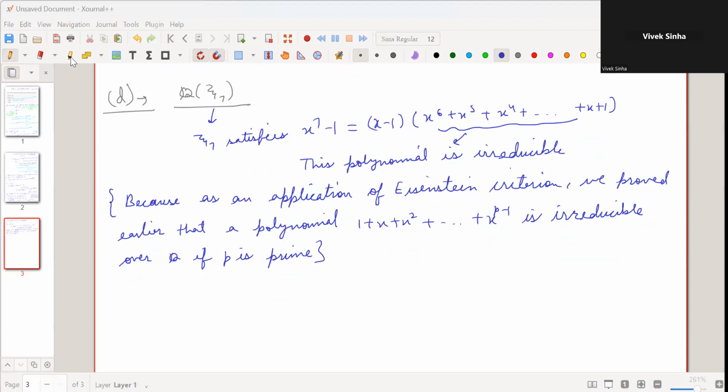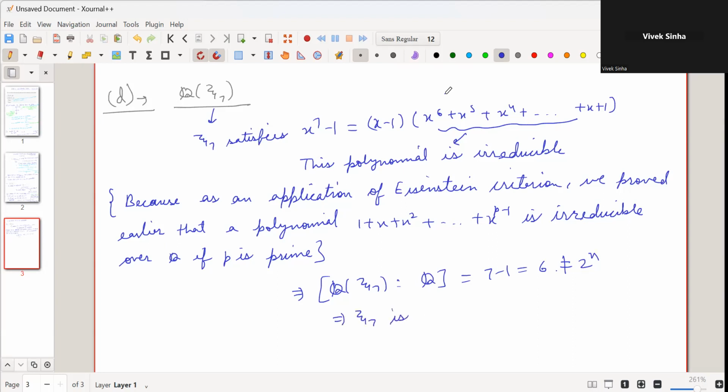the degree of Q(xi 7) over Q is p minus 1, and as an application of it, we proved that the degree of Q(xi p) over Q is p minus 1. So here p is 7, so this is 7 minus 1, which is 6. And of course, this is not of the form 2 to the n, so xi 7 is not constructible.